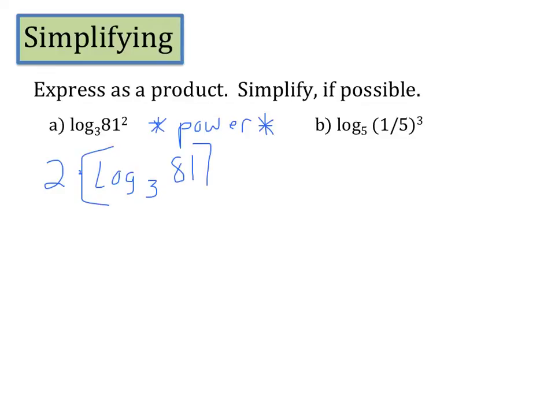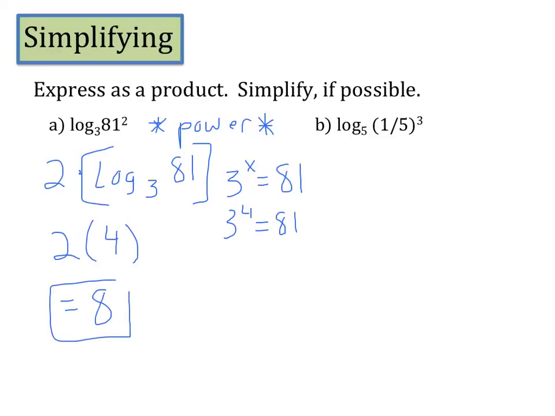Now, this can be simplified here, because I'm trying to figure out what I have to raise 3 to get 81. I know that if I do 3 raised to the 4, that'll equal 81. So this part here simplifies to 4, and my final answer is 8.